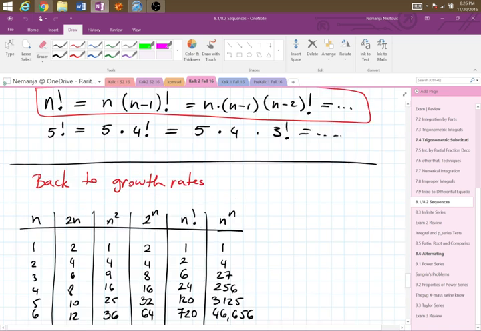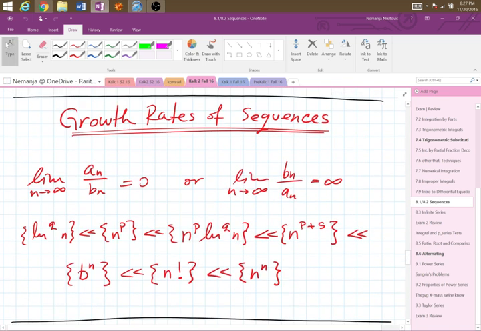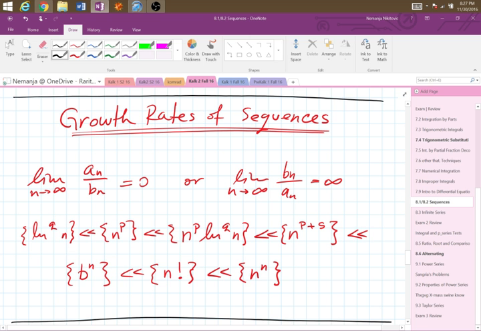There it is. Growth rates of sequences in 8.2. So k to the k is faster than k factorial. Are we agreeing on this?